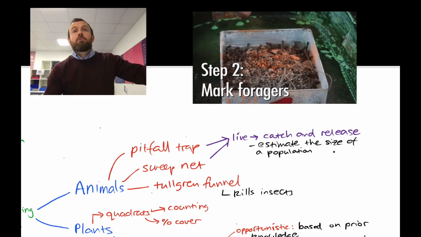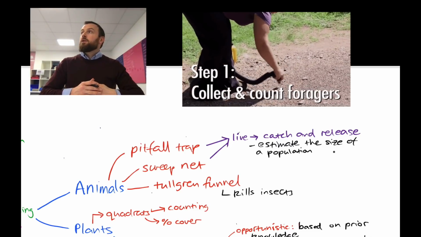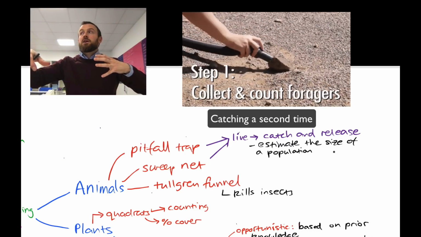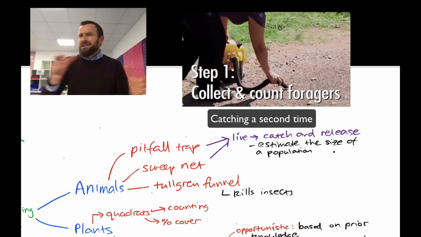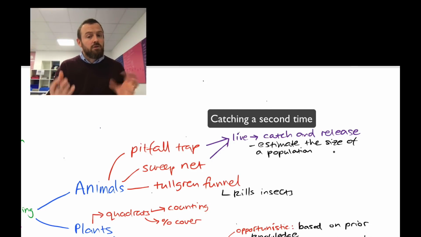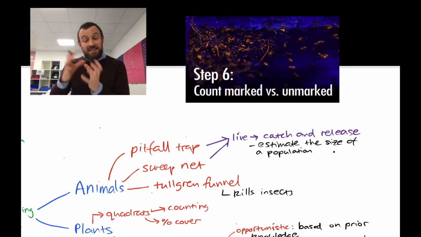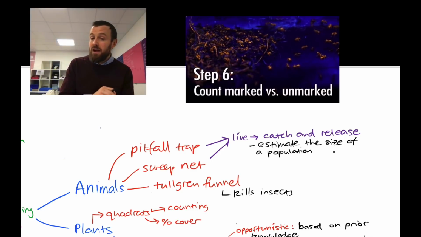And then you let them wander about, and you come back maybe a day or so later, once they've moved around and mixed in with all their other buddies in the population. And then you do another catch, and you look at how many of the second catch have the mark that you put on them first time round.